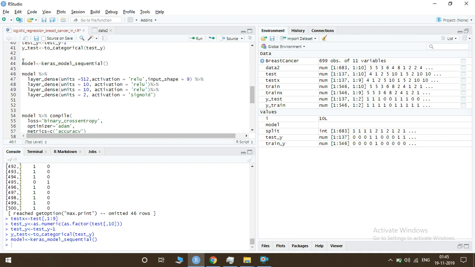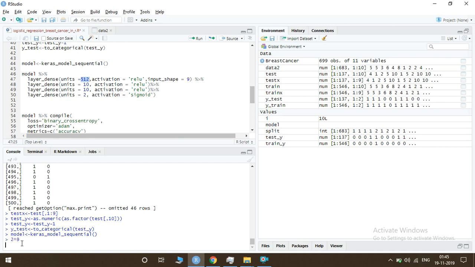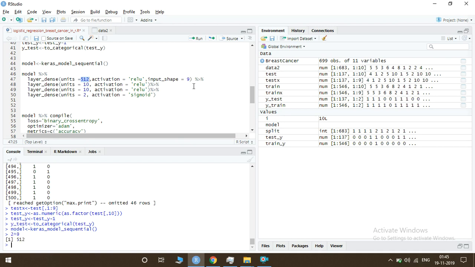Keras allows the pipe operator to work over here. We would use the command layer dense, and the units 512 means that we would be using 512 neurons. It's always better to have 2 to the power 9, so it is 512.